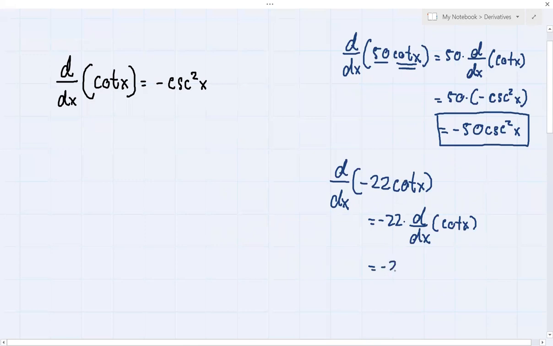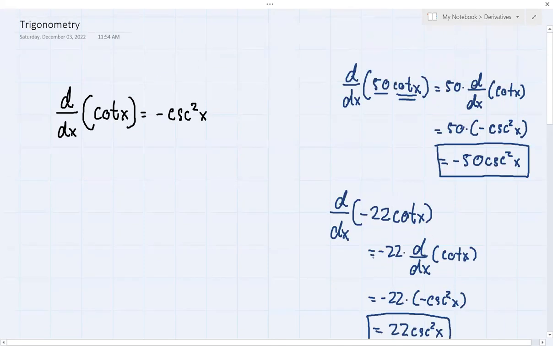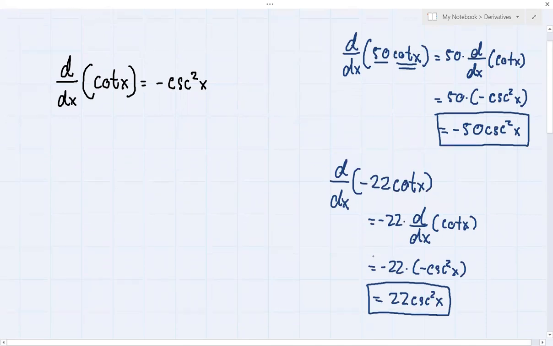So in here, negative 22 times derivative ng cotangent x, this is negative cosecant squared x. So this would be positive 22 times cosecant squared x. O, diba? There you go. That is your final answer.